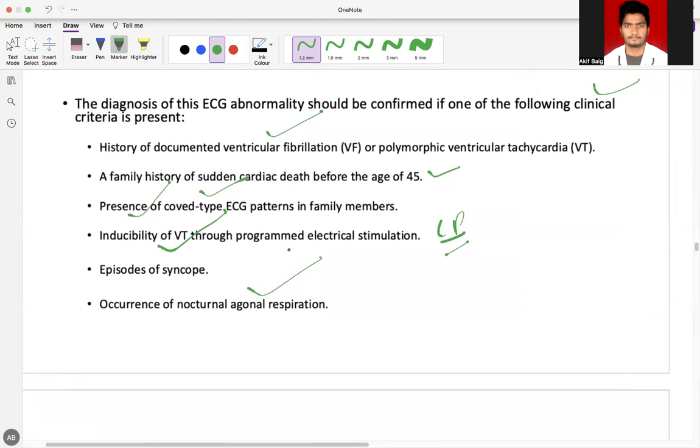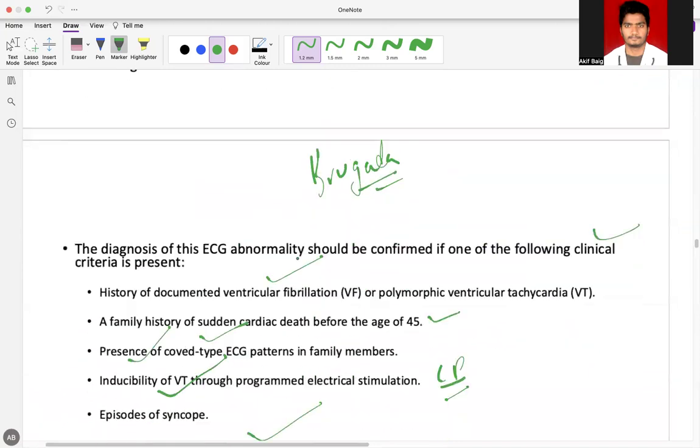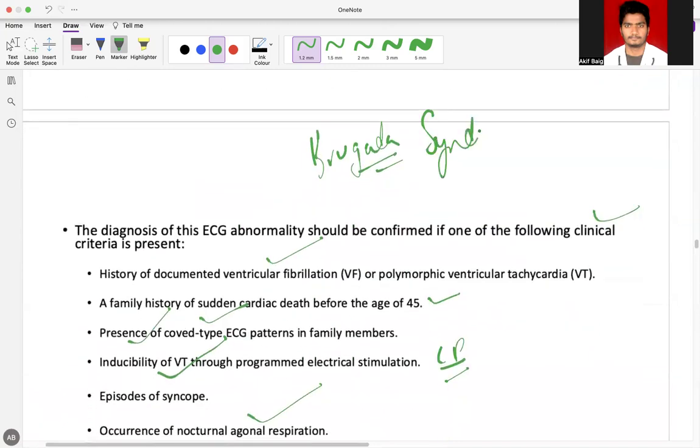At least one of these features should definitely be there along with the ECG criteria to label the patient as Brugada syndrome.